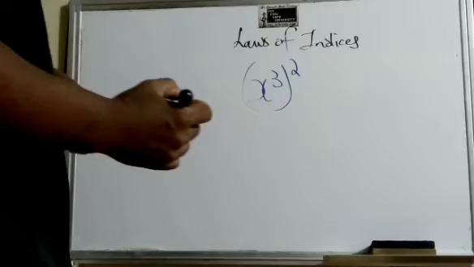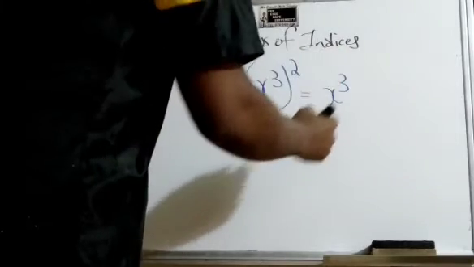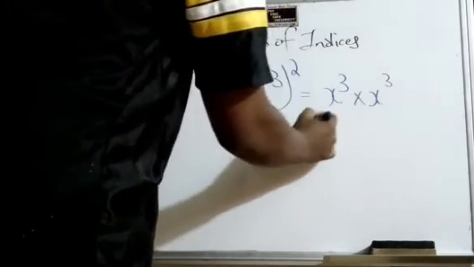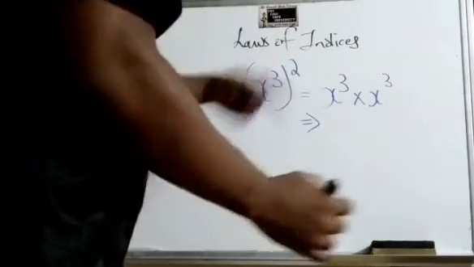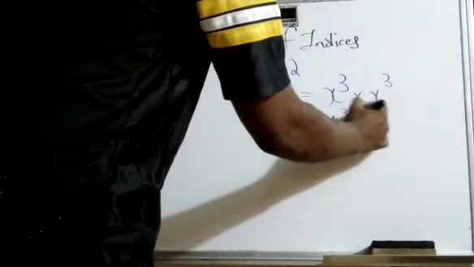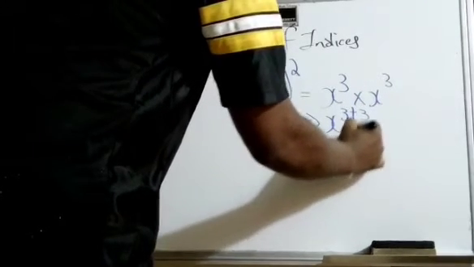What this means in reality is x to the third times itself 2 times. So it will be x to the third times x to the third. We can use the rule once the base is the same. So we get x to the 3 plus 3, and we get x to the 6.